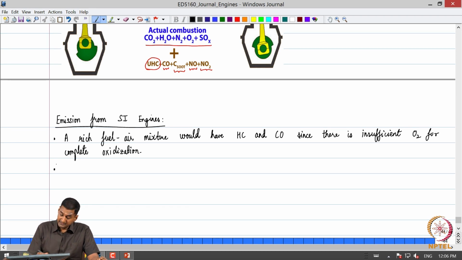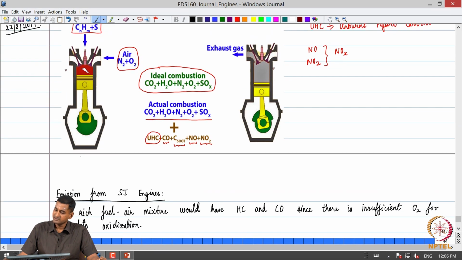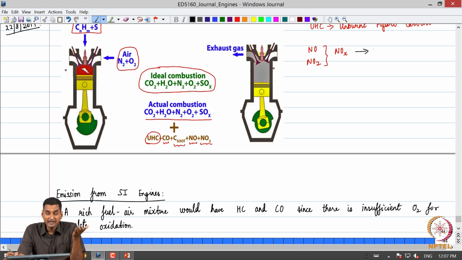And when would NOx emissions come into play? NOx gets formed when nitrogen oxidizes at high temperature.